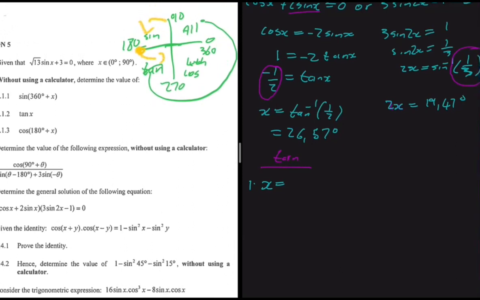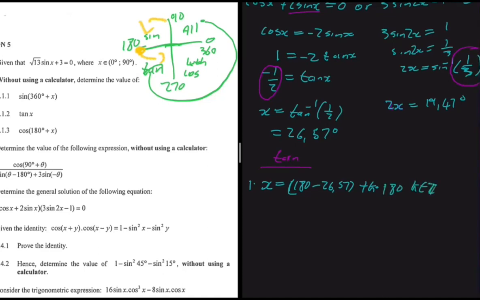On the second we have 180. So we're going to say 180 minus the critical angle, which is 26.57, plus k multiplied by the period of tan, which is 180, k being an element of integers.